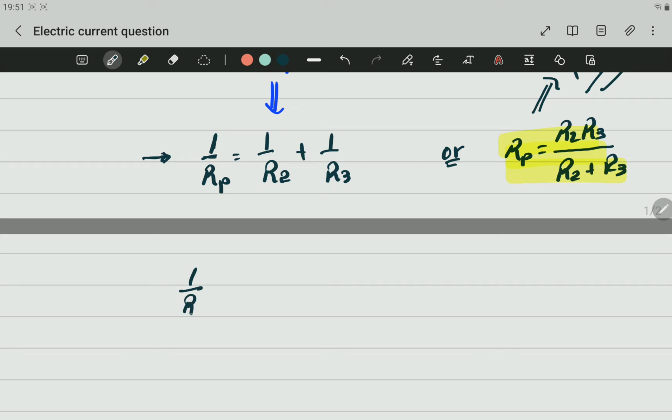1 divided by Rp is equal to 1 divided by 2 plus 1 divided by 3. And let's not get confused, so let's do it step by step here.